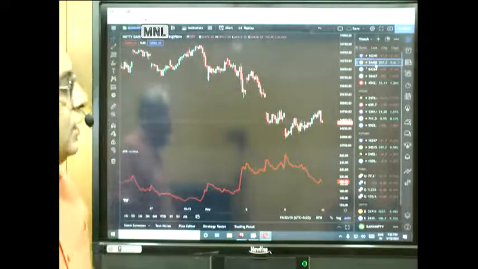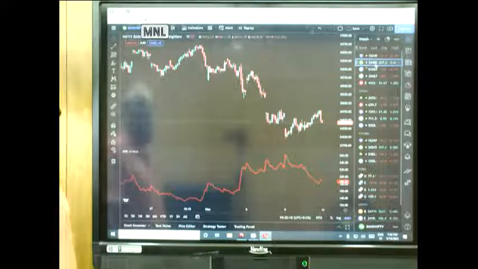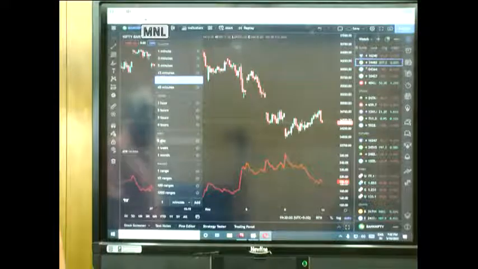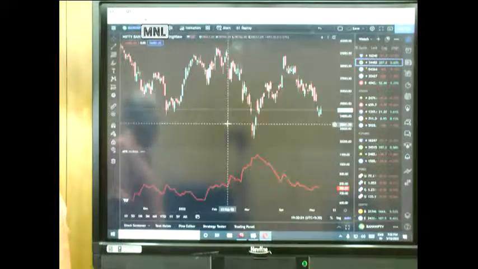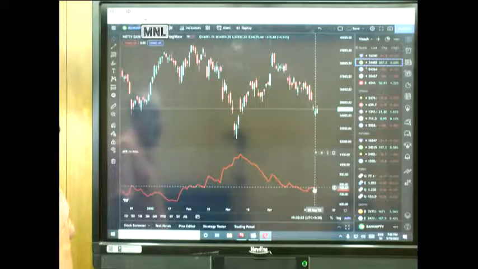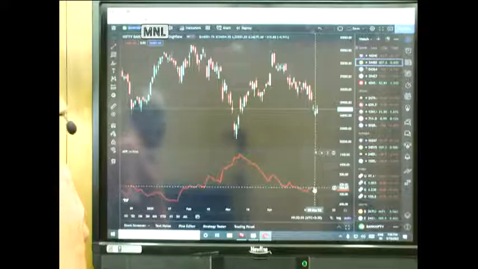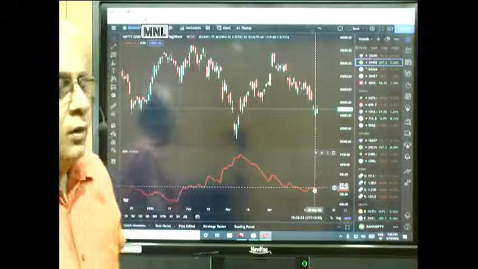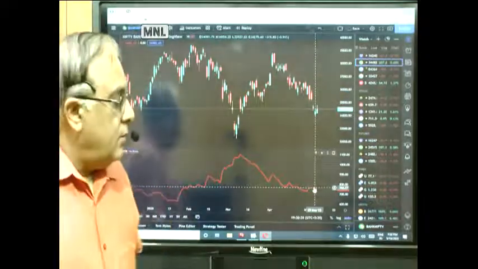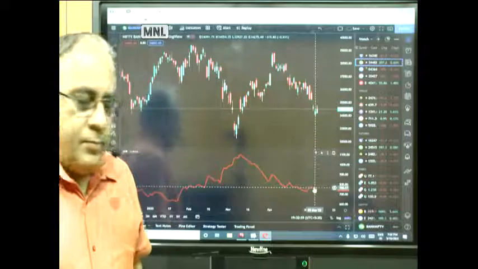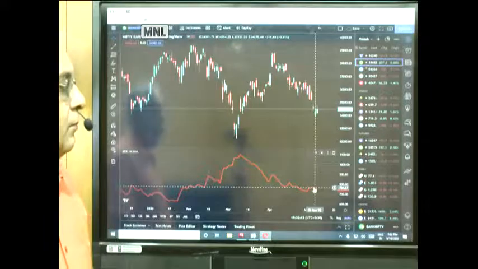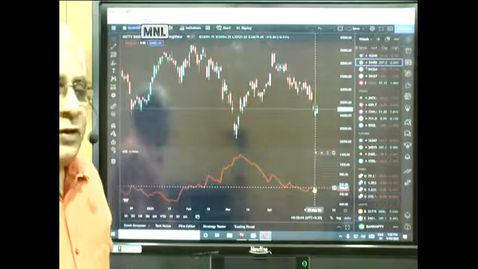See, Bank Nifty, the daily chart. The daily chart illustrates that right now the volatility as far as Bank Nifty is concerned is 766.